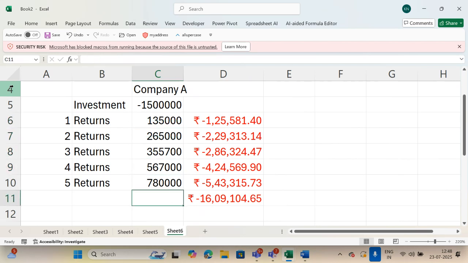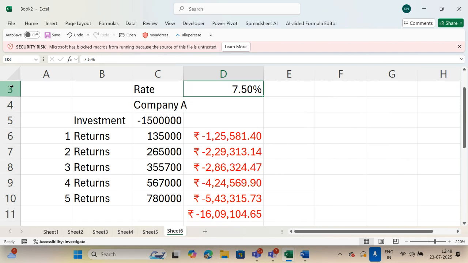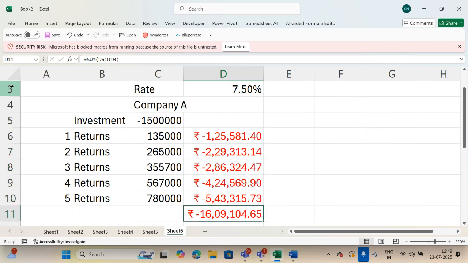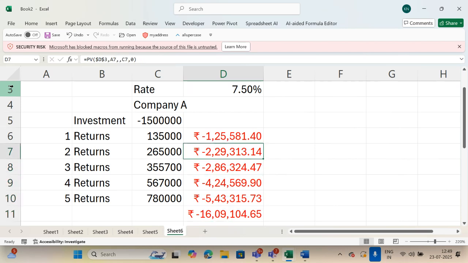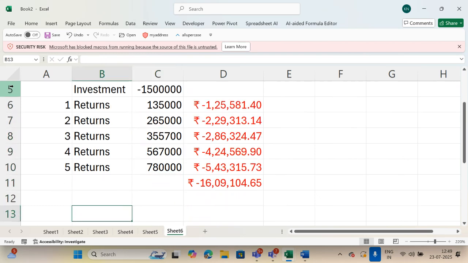That means as of today, it is a profitable project, because if I put money in the bank to get this kind of return, I would need to invest almost 16 lakh rupees. But here I'm only investing 15 lakh rupees. The project is very profitable.